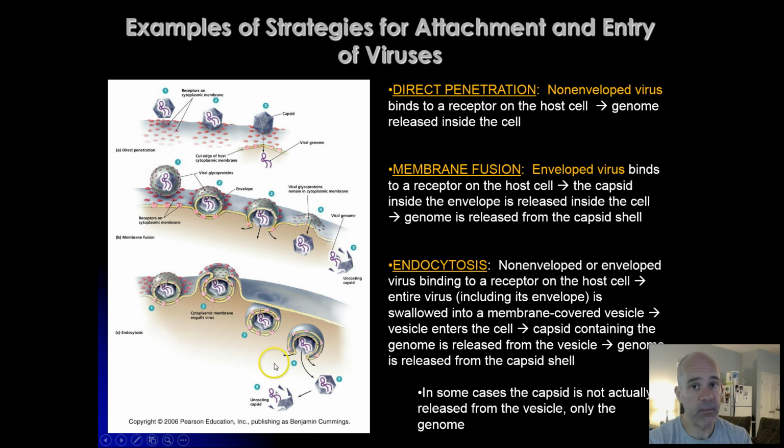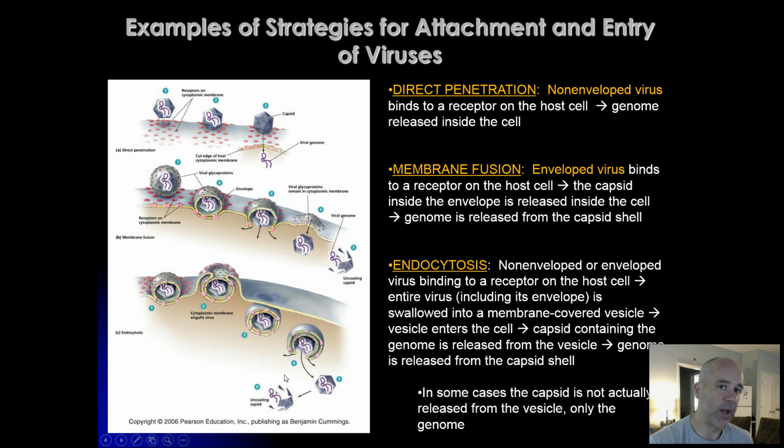This can happen with some non-envelope viruses, and some envelope viruses do this. But the virus attaches to the cell surface, and then the host cell membrane, a part of it pinches off and wraps the virus inside a little compartment called a vesicle. And then somehow the capsid has to come out of that vesicle, or the genome. The capsid can break apart and the genome can come out as well.